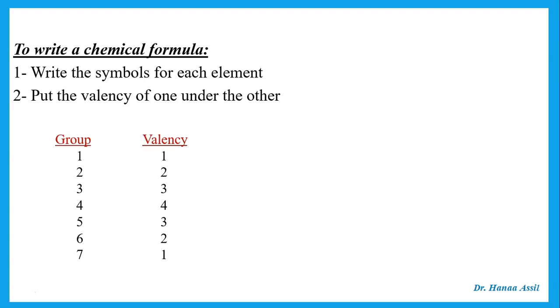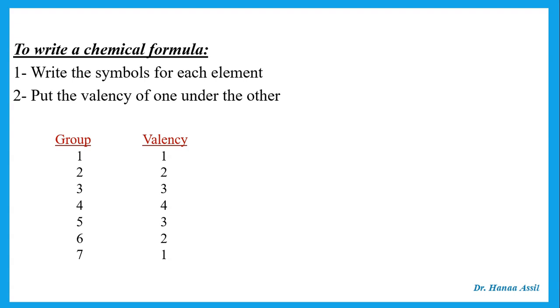So we know that anything in group 1 has 1 electron in its outer shell. It needs to lose that 1 electron to have a full outer shell, so we say the valency is 1. Anything in group 2 needs to lose 2 electrons. Anything in group 3 needs to lose 3 electrons. Anything in group 4 needs to lose or share 4 electrons. Now, anything in group 5 has 5 electrons in its outer shell.